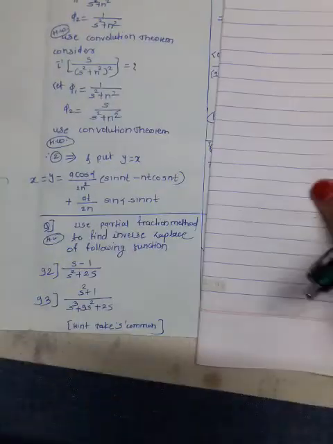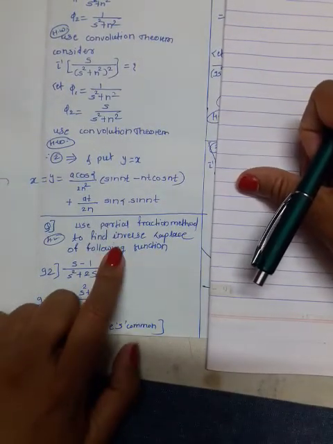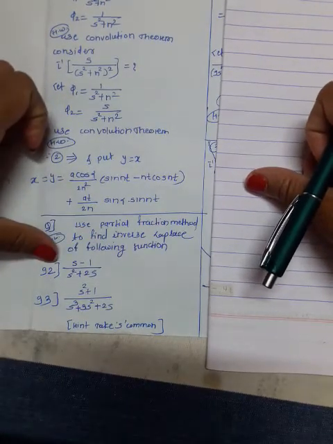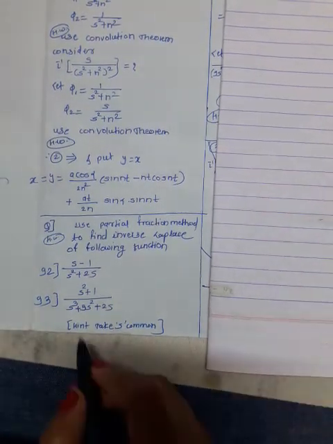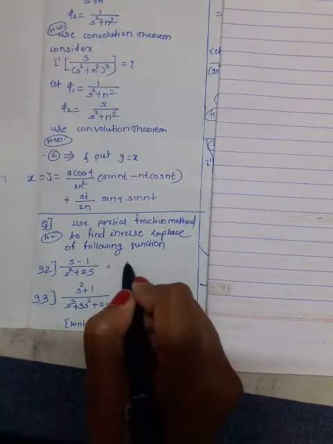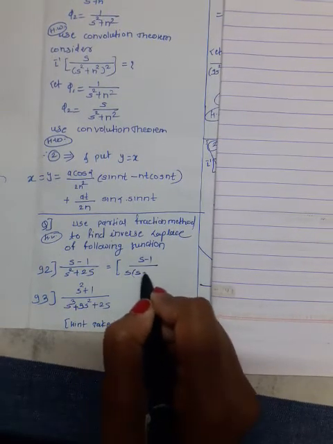Now again some homework for you. Use the partial fraction method to find the inverse Laplace transform of the following. Use partial fraction here. In this first example, you can take common s and s plus 2.